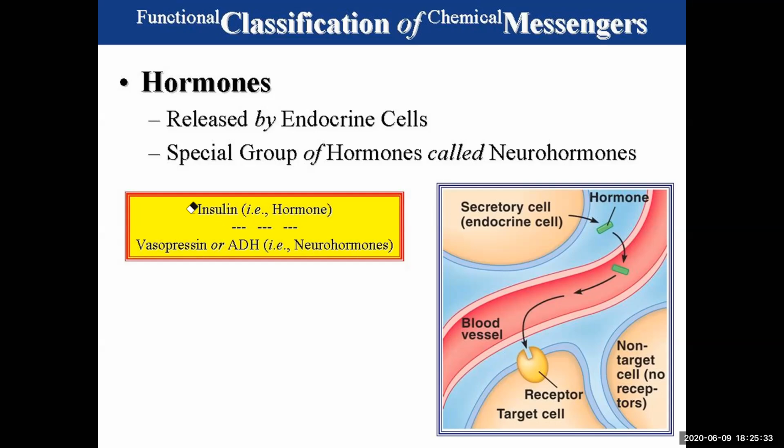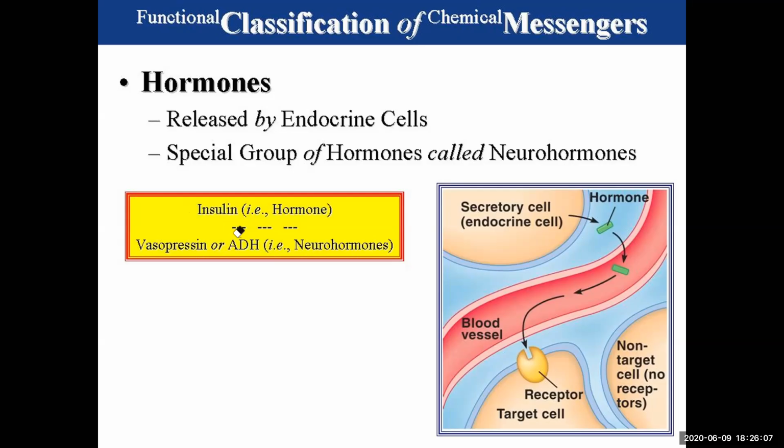So your systemic body cells will take up insulin through receptor-mediated endocytosis, transporting a VIP inside the cell. Insulin then induces the systemic body cells to absorb glucose. Without insulin, our systemic body cells cannot take up glucose.